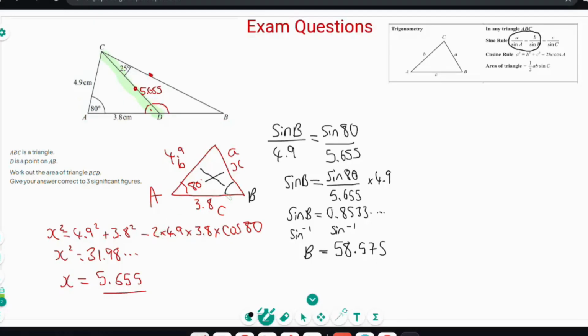B is equal to 58.575. So remembering I've got this B that I've relabeled, which is actually this angle here. So that's 58.575.